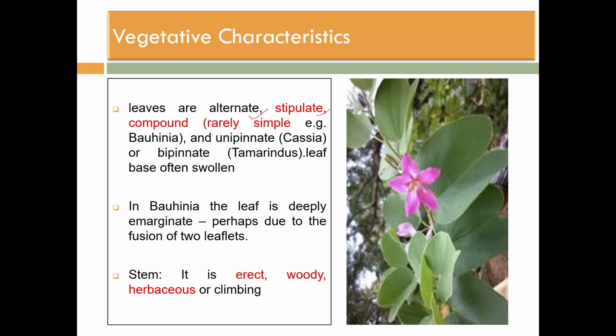You can see here the leaves of Bauhinia; although it is called a simple type, these two lobes may be formed by the union of two leaflets, because most plants in this family have pinnately compound leaves. The stem is erect, woody, or sometimes herbaceous or climbing, depending upon the habit of the plant. So the main point is that the leaves are stipulate and pinnately compound.